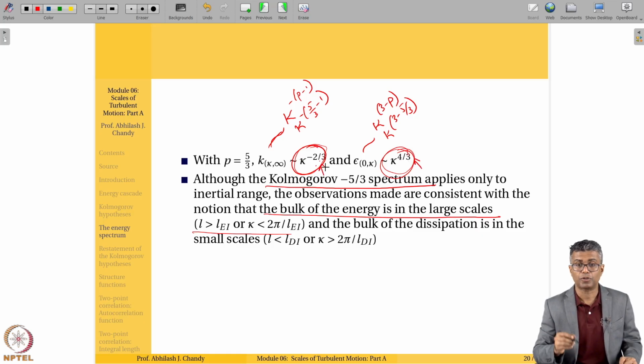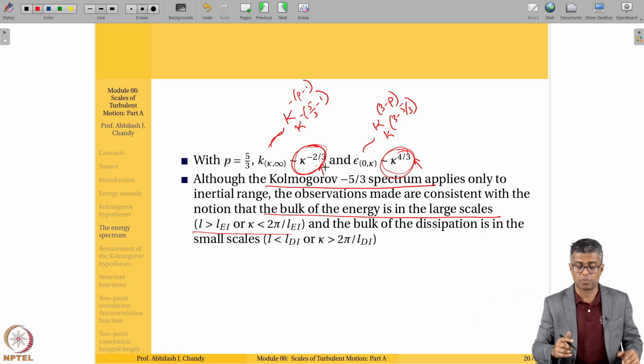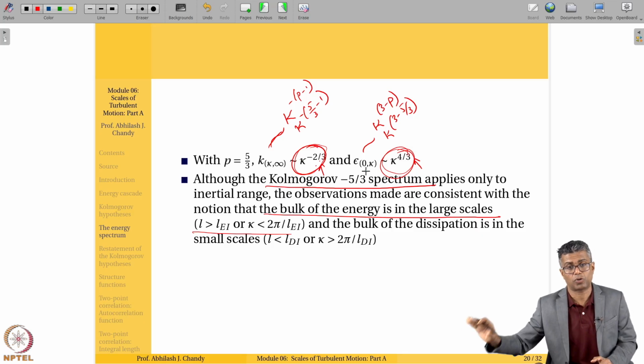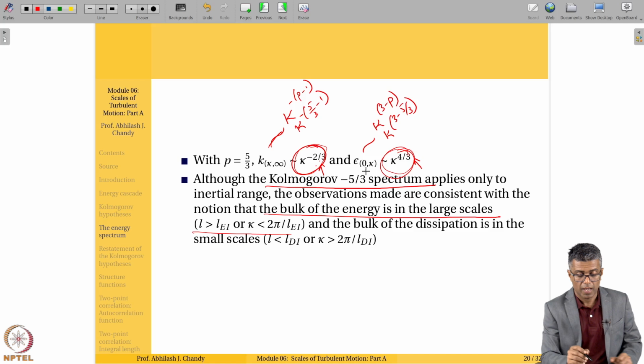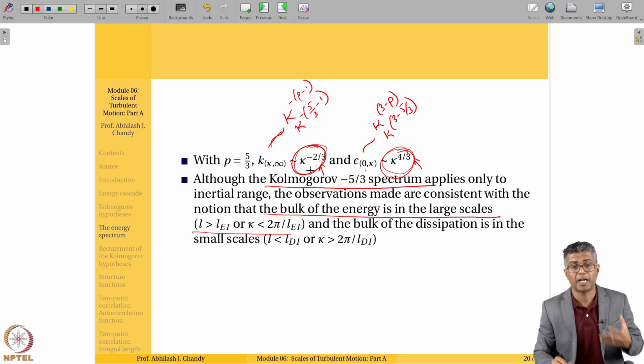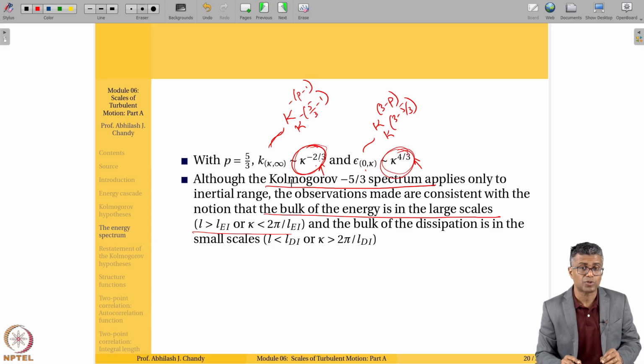The fact that kappa to the 4/3 is becoming a larger and larger number as the wave number is increasing, as I'm going towards the dissipation range, tells me that the dissipation is concentrated in the smaller length scales or the larger wave numbers. The turbulent kinetic energy being proportional to kappa to the minus 2/3 tells me that as kappa is increasing, this value is going down.